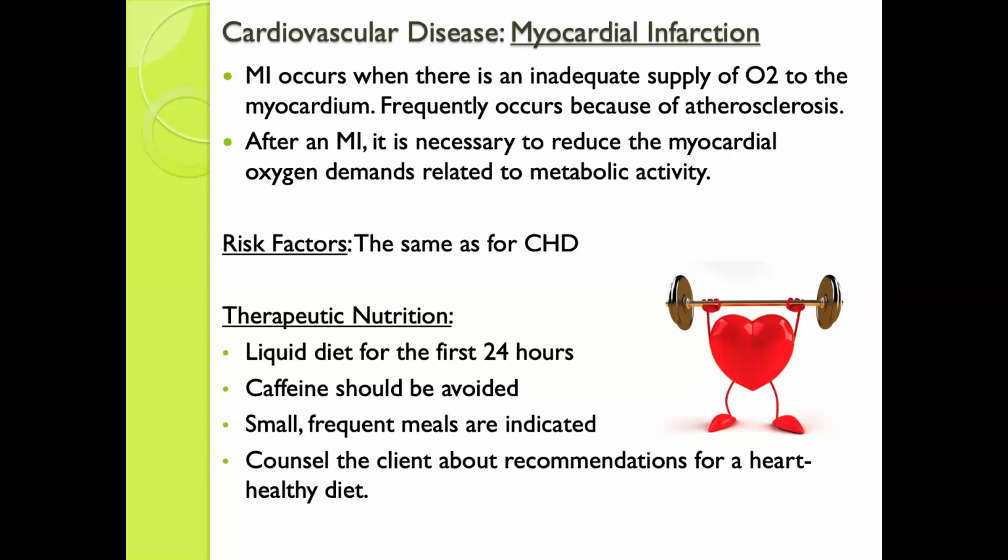One of the things that we need to appreciate is the fact that the heart as a blood pump has to have a constant supply of blood that it's actually pumping. So the heart actually is the first organ to receive the blood after a heartbeat, right? That blood goes into the aorta, and before it goes to any other organ or tissue, it goes back to the heart itself, okay?